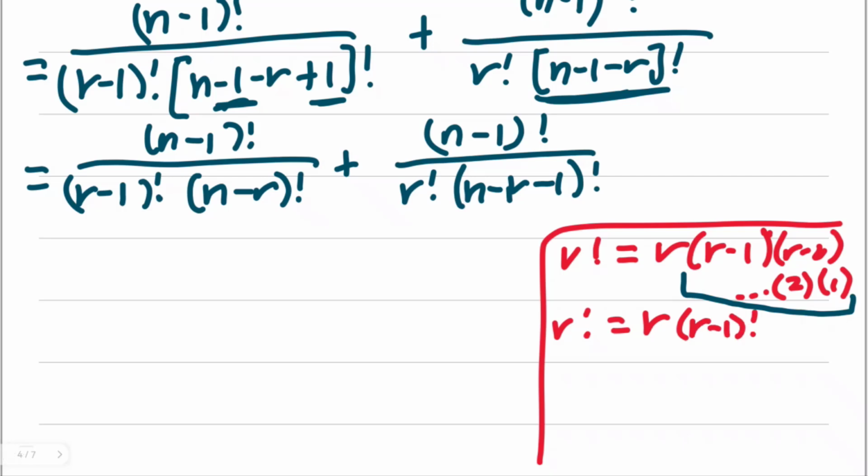Okay? Because if we have to multiply all of this, it follows the same idea of n factorial being n times n minus 1 until 2 times 1. It's just that it doesn't start with n, nor here does it start with r, but it starts with r minus 1.